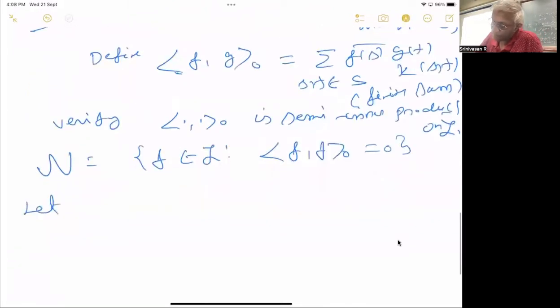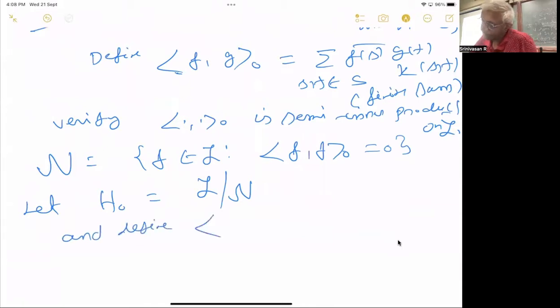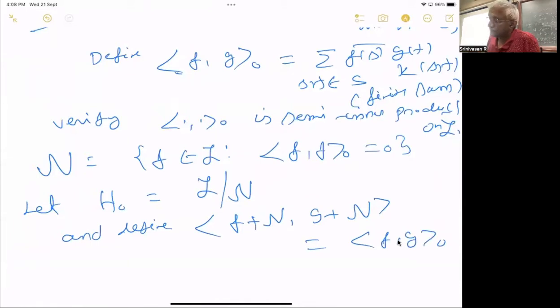And let H₀ be equal to L quotiented by N. And define the inner product of f plus N, g plus N to be equal to ⟨f, g⟩₀. This is an inner product on H₀.